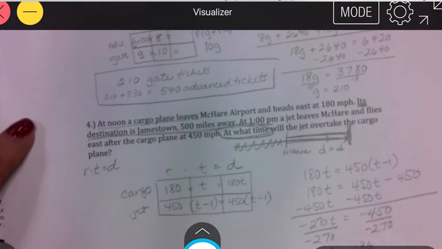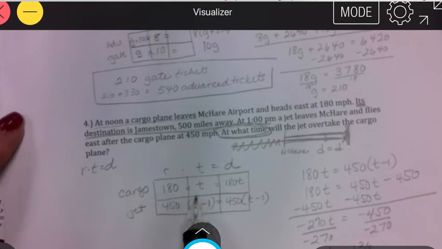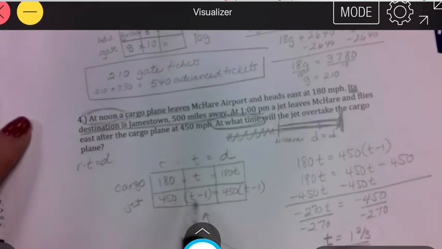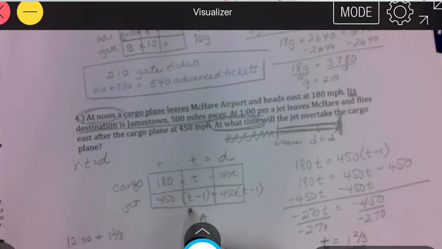So if we take this and we plug this into any one of these, I could take it into the noon, the cargo plane leaving at noon. So we could have 12 o'clock and add 1 2/3 hours. Or we could subtract 1 2/3 minus 1, which is 2/3.